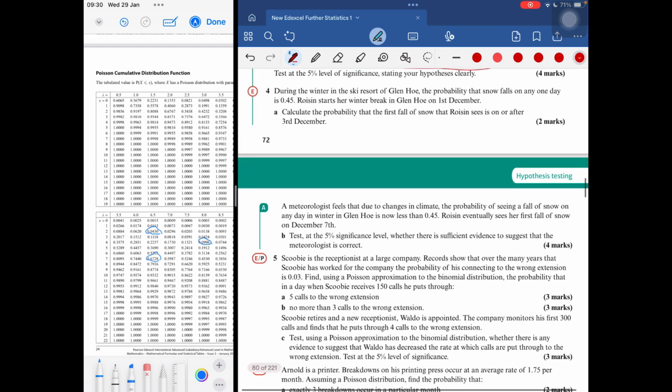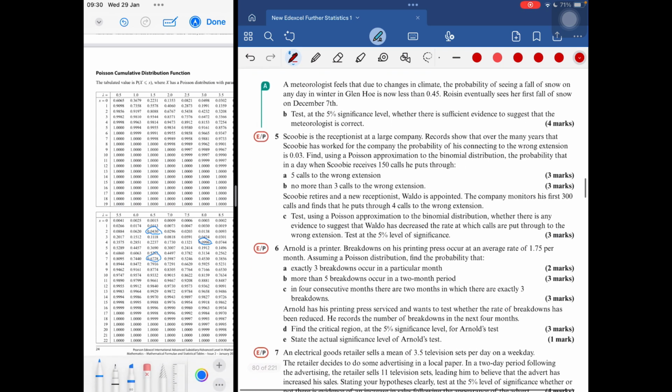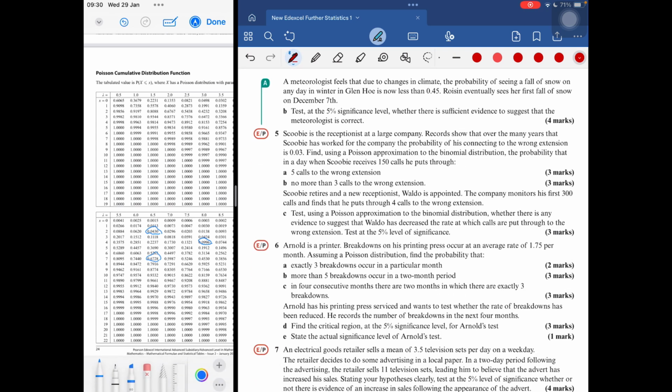So let's go for number 5. A receptionist records show that over many years the probability of a wrong extension is 0.03. Use a Poisson approximation to the binomial distribution. Receive 150 calls.